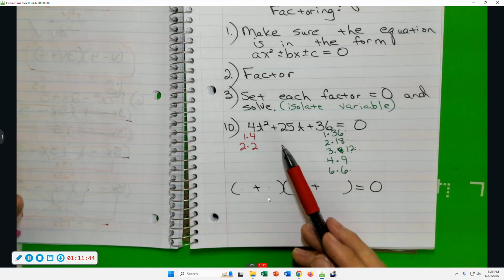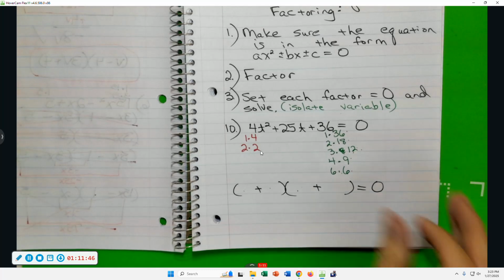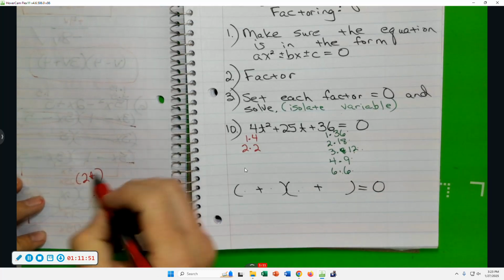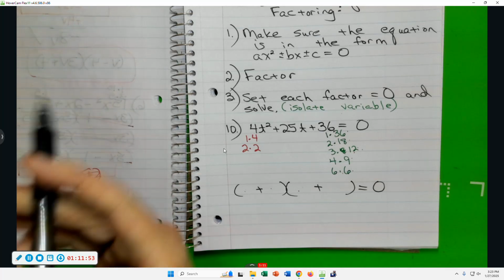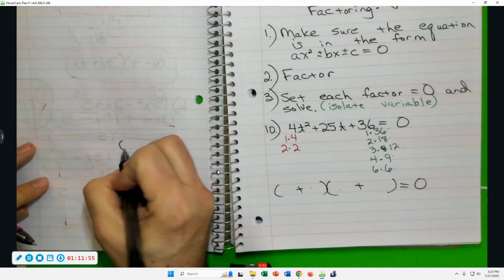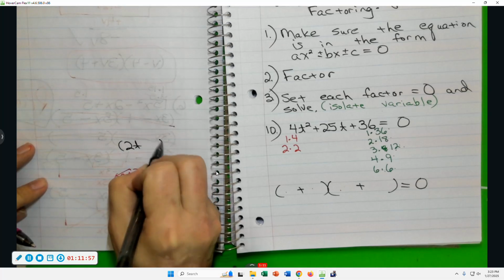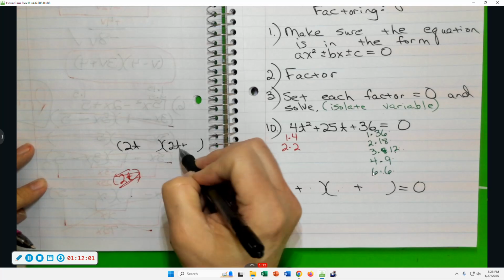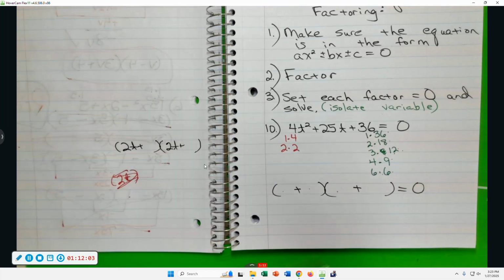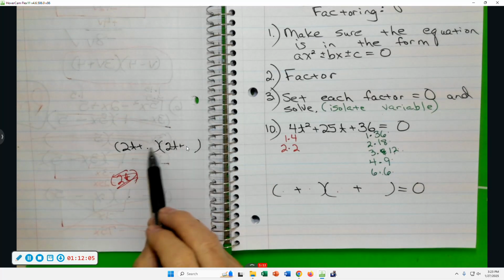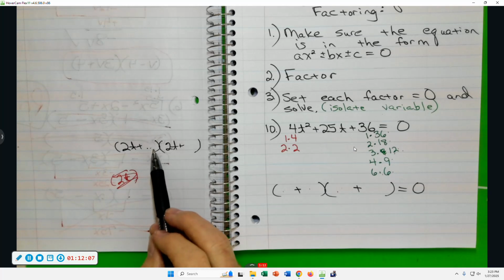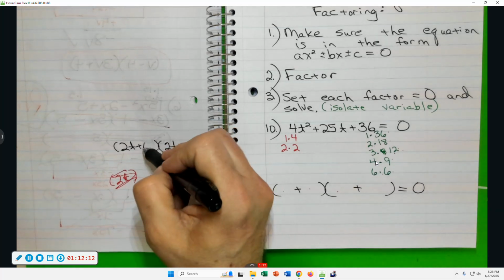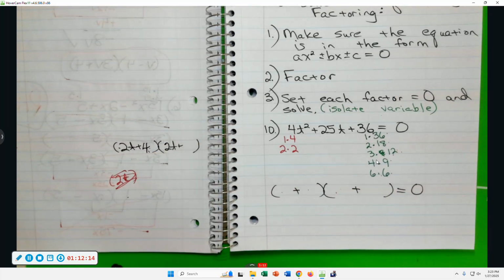Any questions on my logic? Look here at my scratch work. If you tried to put 2t and 2t, you can't put a 6 there because 2 and 6 are divisible by 2. You can't put a 4 and a 9 because the 2 and 4 are divisible by 2.